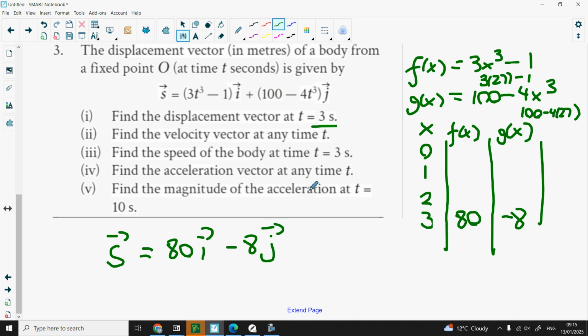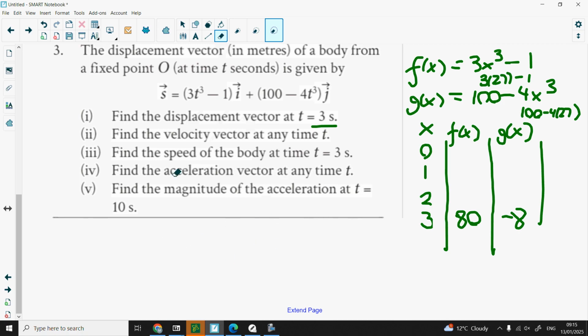Any questions thus far? Cool. Okay. Find the velocity vector. How do you think you're going to get a velocity vector? How do you usually change displacement into velocity? What would you do? You differentiate. So let's differentiate both parts. Differentiate that.